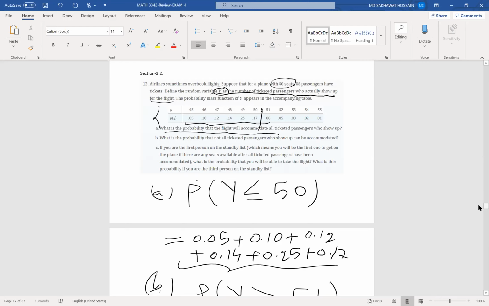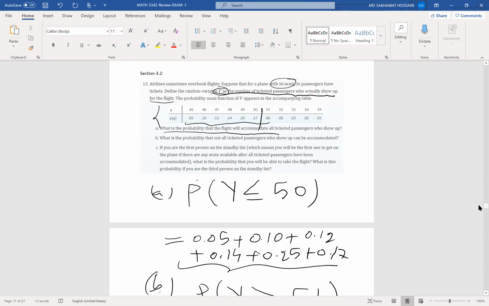So if you are on a standby list, then you will be the first one to get on the plane after all the ticketed passengers have been accommodated.